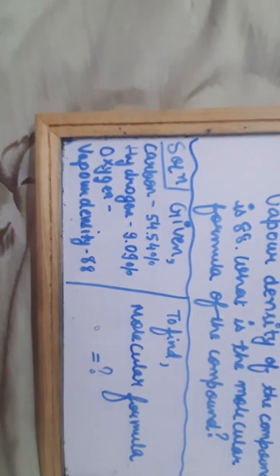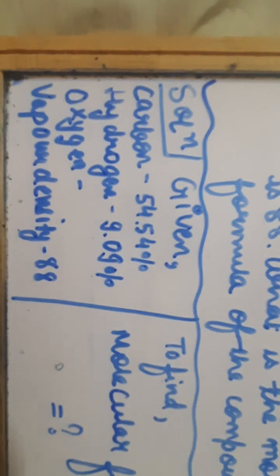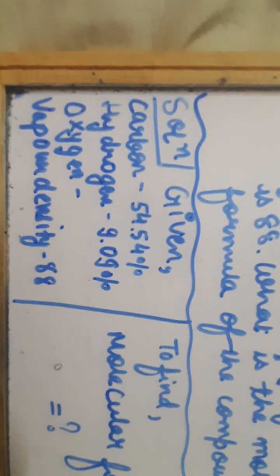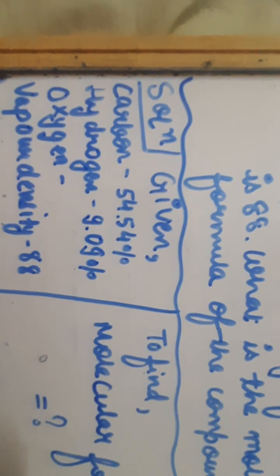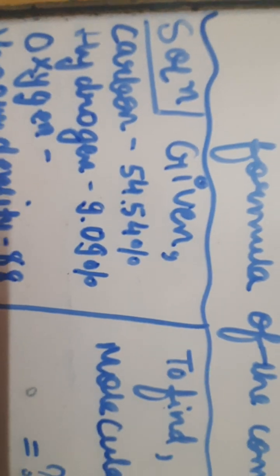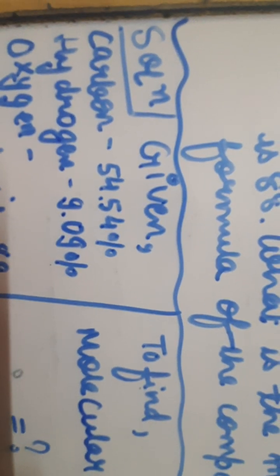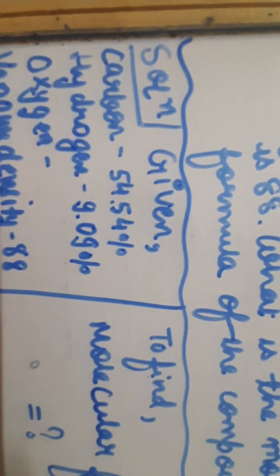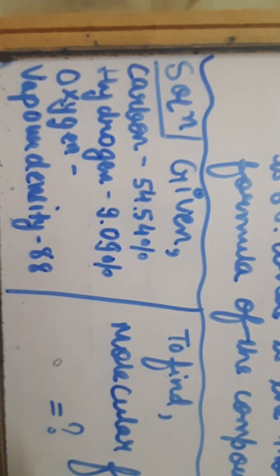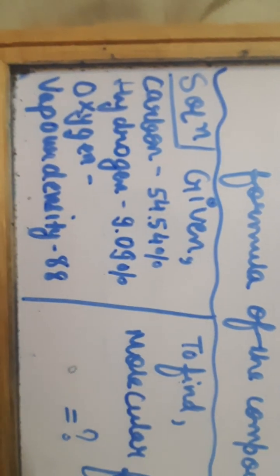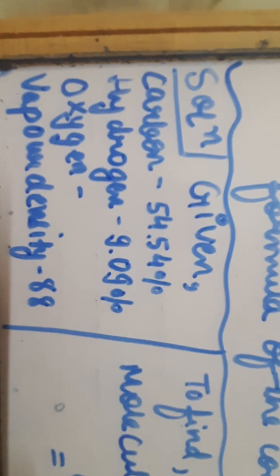I told you in the previous question that the sum of the elements comes out to be 100%. Let's see whether it is 100% or not. 54.54 plus 9.09 is something like 63.63%, and the rest is 36.37.